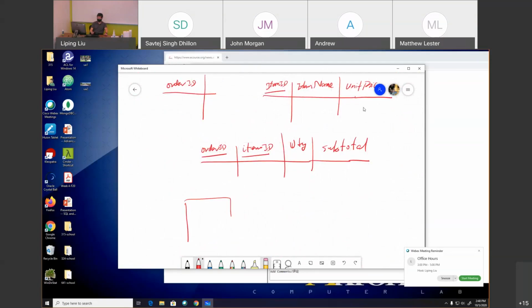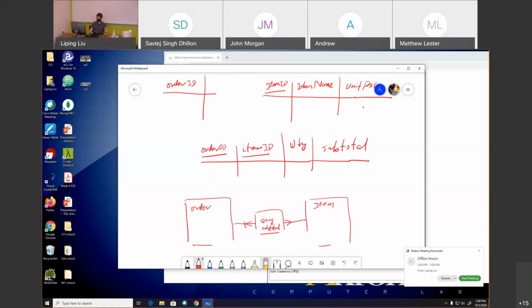You're going to have orders, going to have items, and then you have a gerund in the middle. The gerund will simply have quantity and subtotal as 2 attributes. And then you're going to draw something like that.